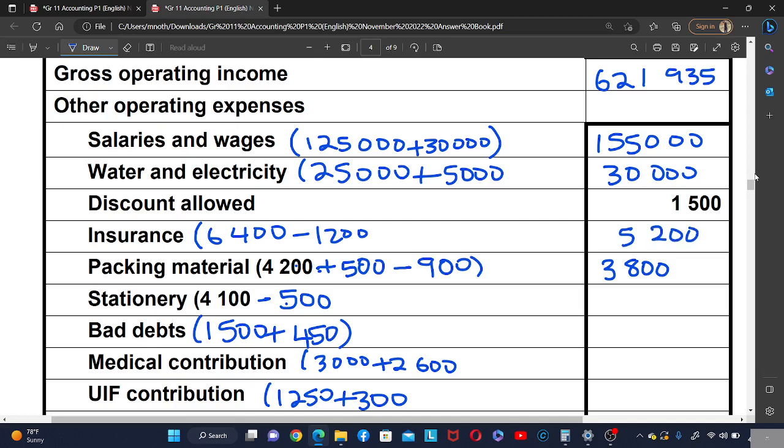This one stationery is 2,600. The bad debt is 1,950. Medical aid 5,600.